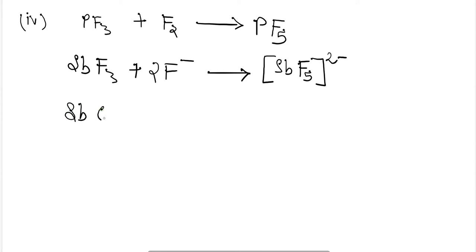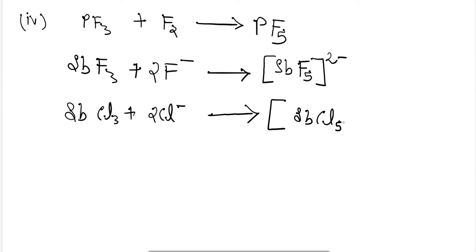Similarly, SbCl3 plus 2Cl- will form a complex anion, SbCl5 2-. The Lewis acid strength, however, decreases in this order.